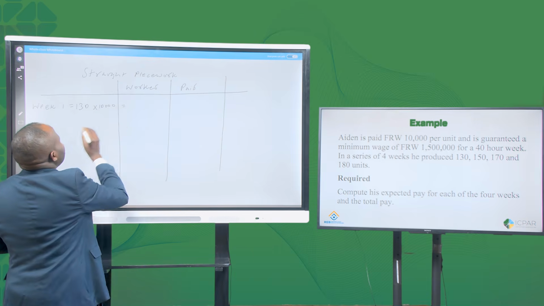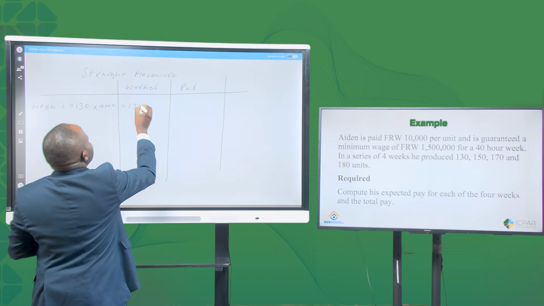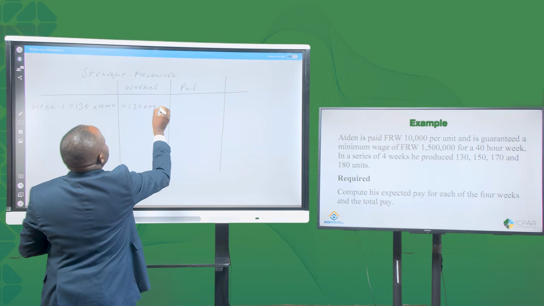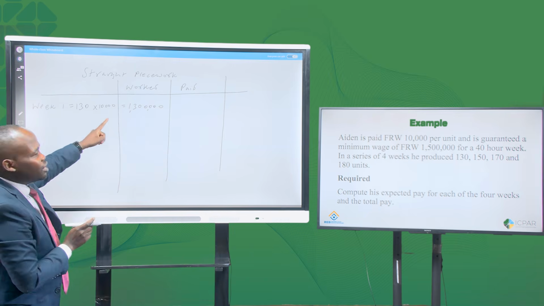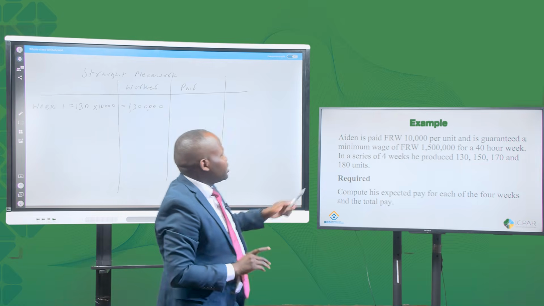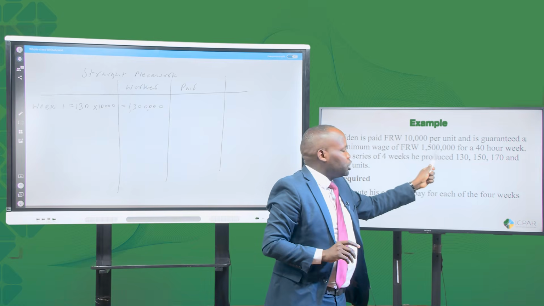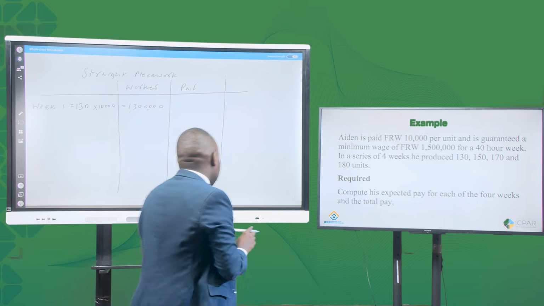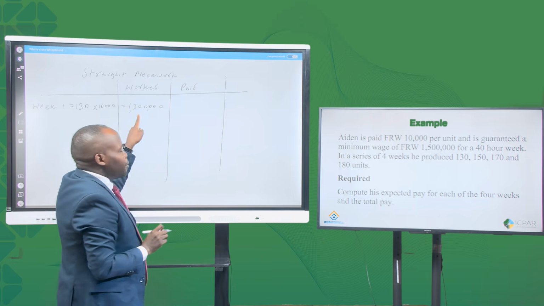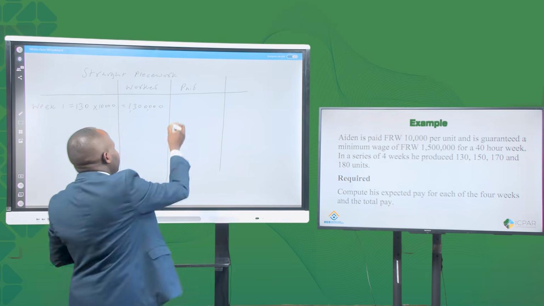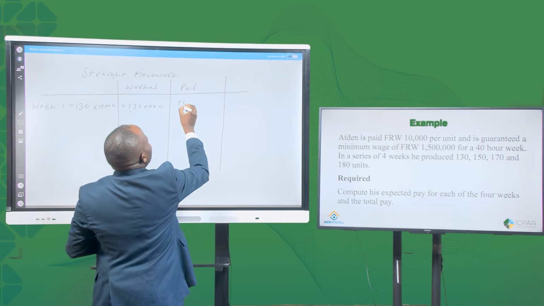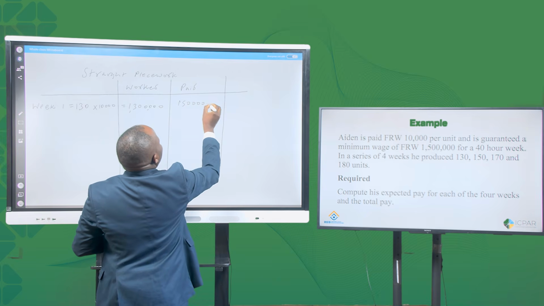That gives us 1,300,000, so 1.3 million is what they worked for. But there was a minimum wage of 1.5 million. Even though you worked for 1.3, because of the minimum, you receive the minimum. The minimum is 1.5.